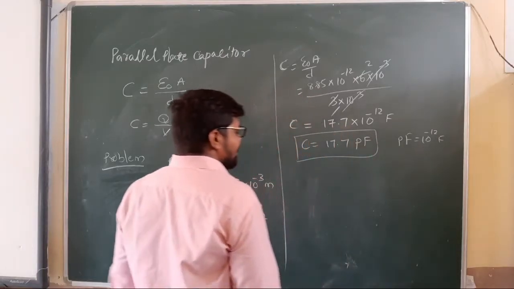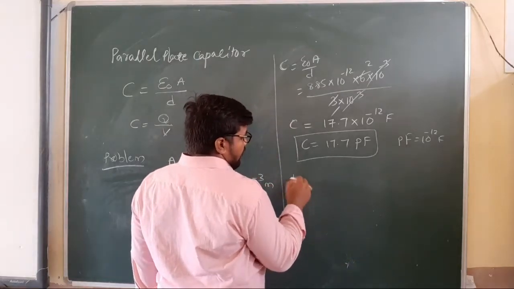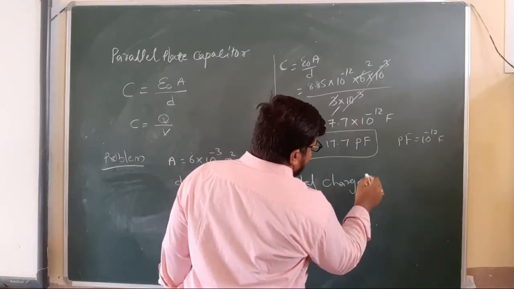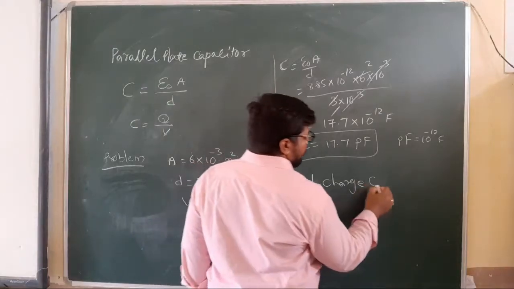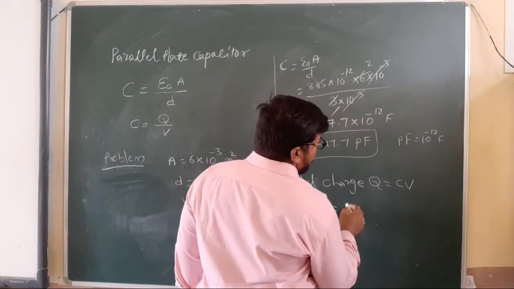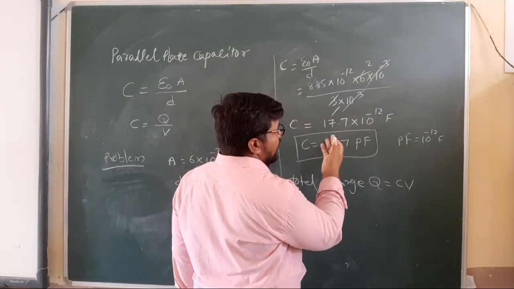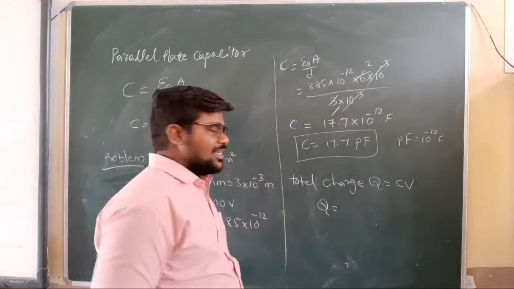After getting this capacitance, we need to find the total charge. What is the formula of total charge? Yes, we know that Q is equal to C into V. This capacitance we need to take, 17.7, we take 18.